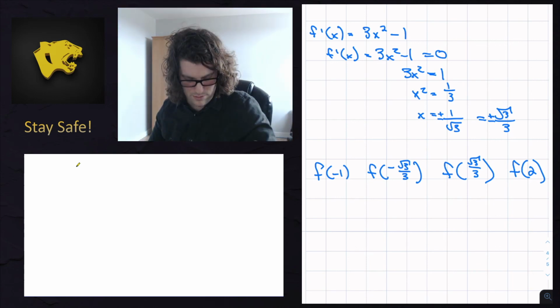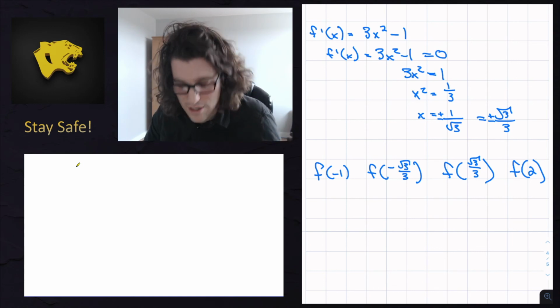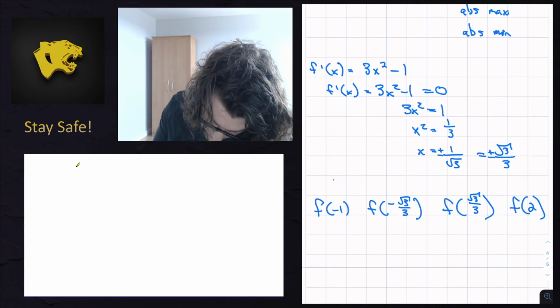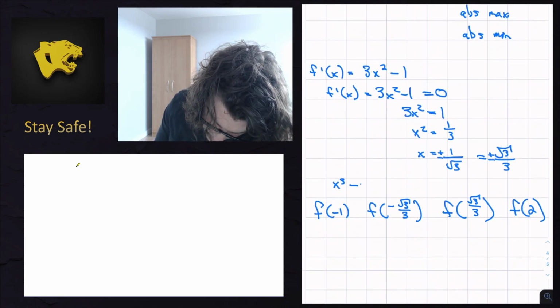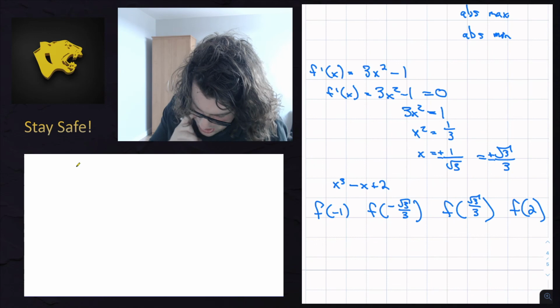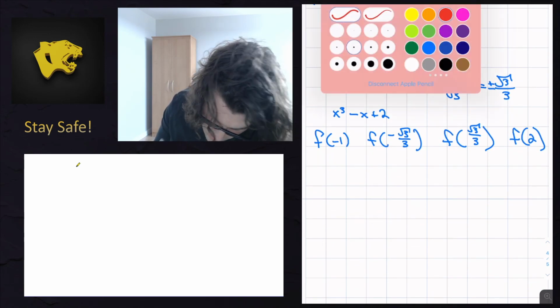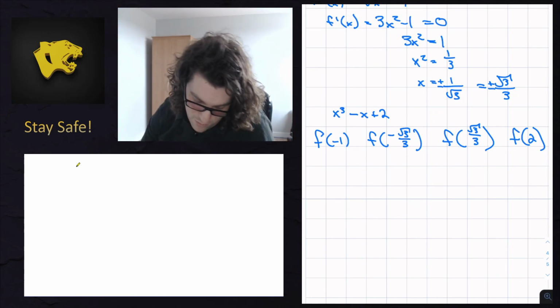Now, I might have a little bit of regret here when it comes to the values that I ended up picking out here, but that's okay. So we have x cubed minus x plus 2. And at a value of -1, we would put the -1 in and get -1 minus -1.